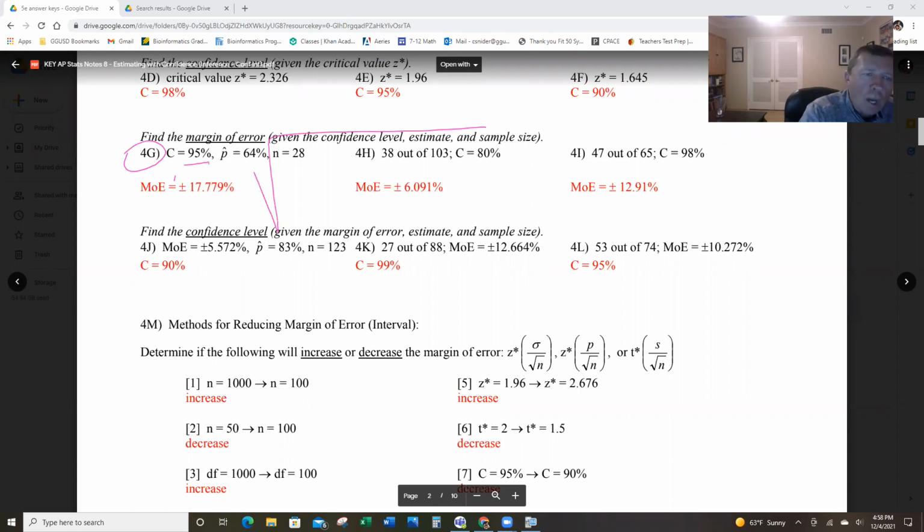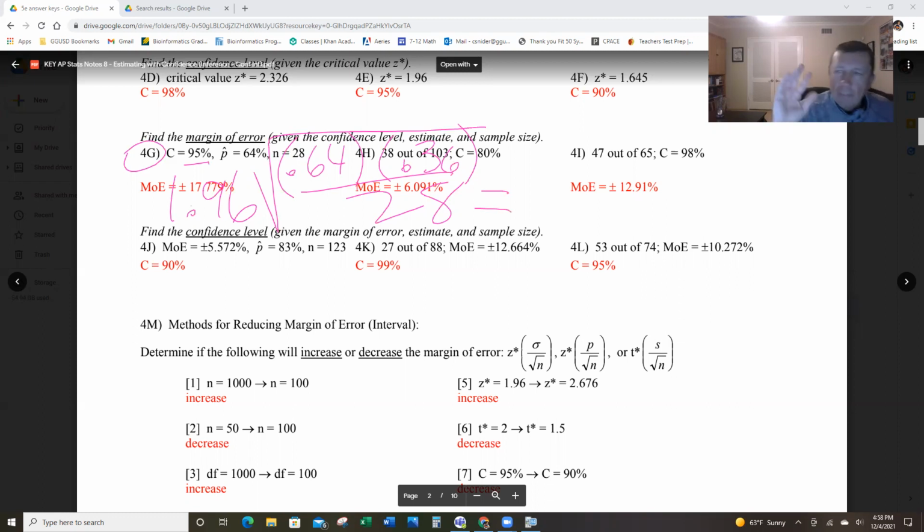95% is 1.96. Trust me on the chart, okay? And that's going to be 0.64 times 0.36 over 28, okay? And it comes out, I have it written right here. If you calculate this, stop the video and calculate yourself. It comes out 0.1779.